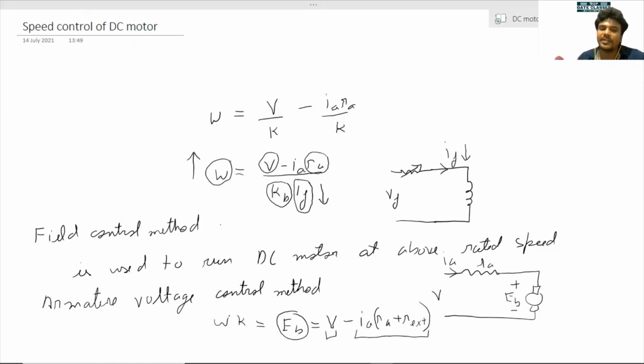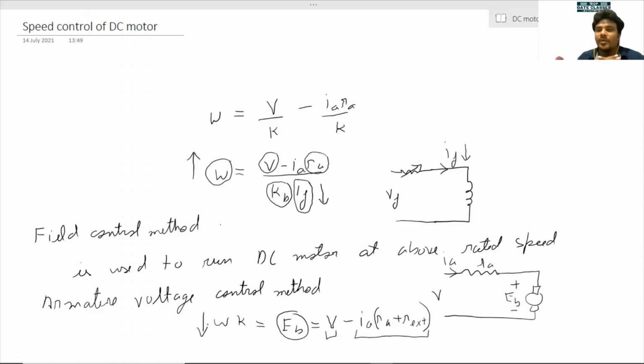If EB decreases, then what will happen to omega? K is a constant, so omega will also decrease. So we are controlling the voltage across the armature EB to control the speed of the DC motor below its rated speed. By this method, we can decrease the speed of DC motor.